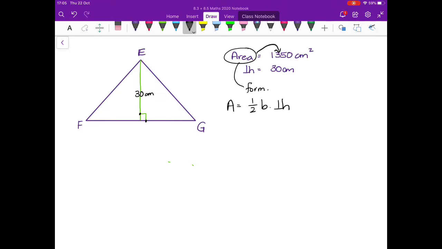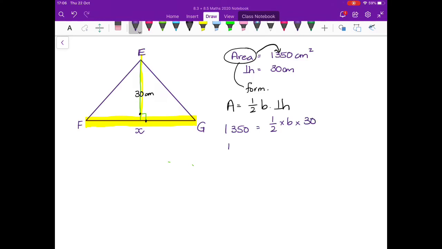So I would have to multiply this side by this side and divide it by 2. I do not have the base, so I'm going to call it x. Area they gave to us was 1,350 equals half times base times, now my perpendicular height is 30.